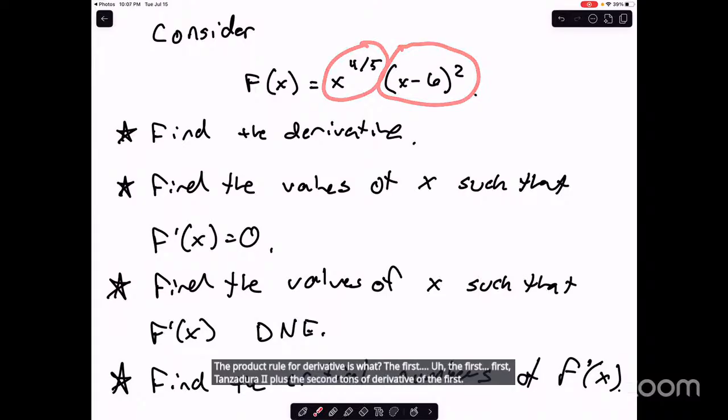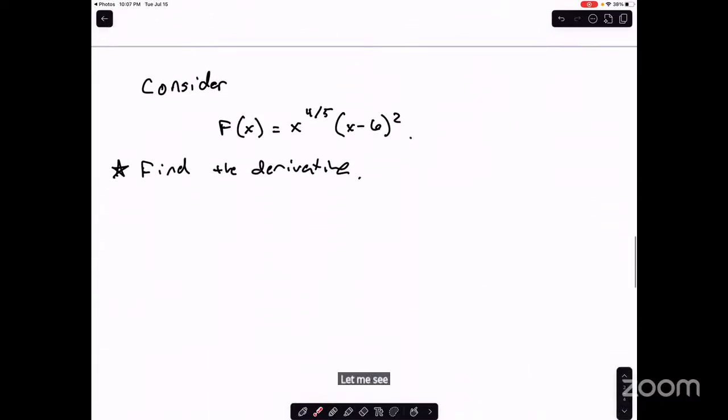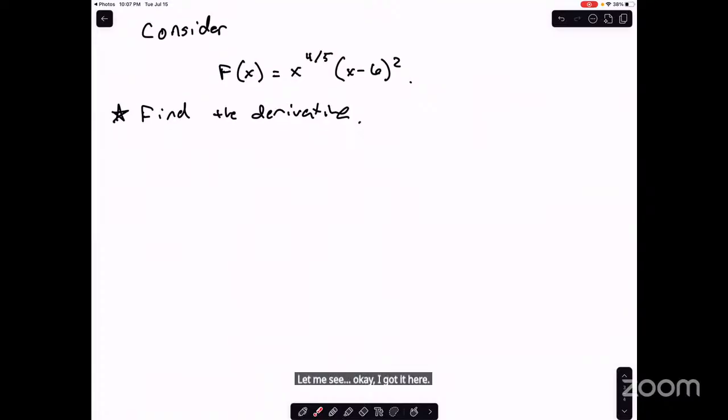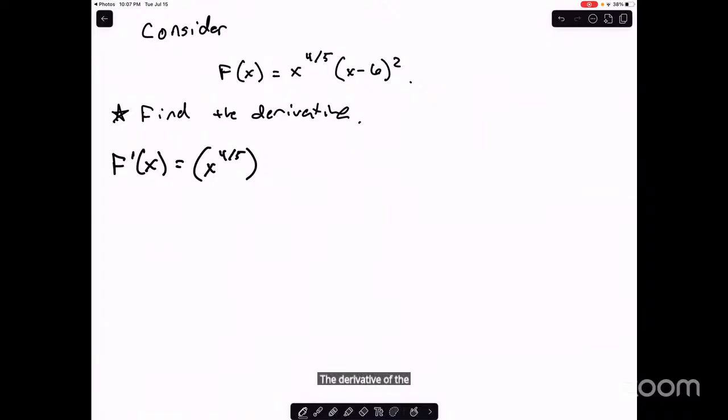All right. So if we want to find a derivative, it's the first times the derivative of the second plus the second times the derivative of the first. So then f prime: the first is this x to the power of 4 over 5. The derivative of the second, first I'm just going to write it as d by dx.